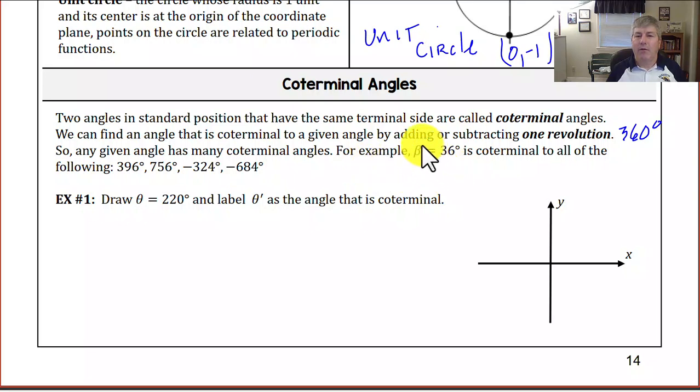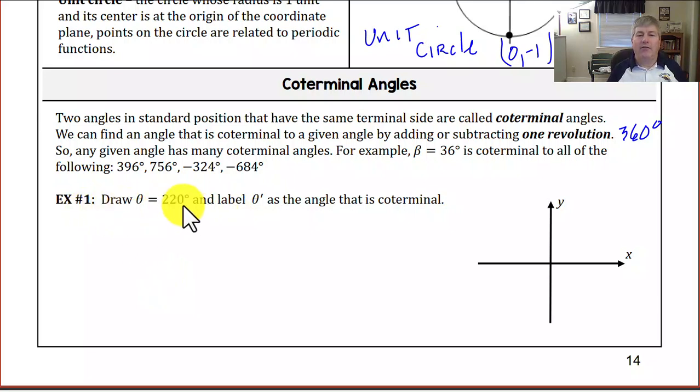For example, an angle of 36 degrees is coterminal to 396, 756, negative 324, and negative 684. So we're adding or subtracting 360 degrees or 720 or like multiples of 360 to that 36.